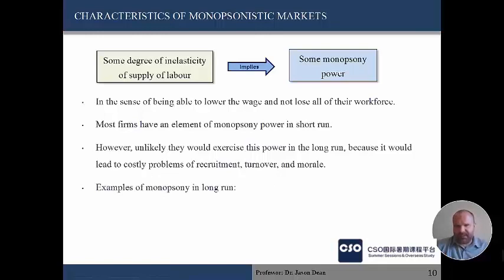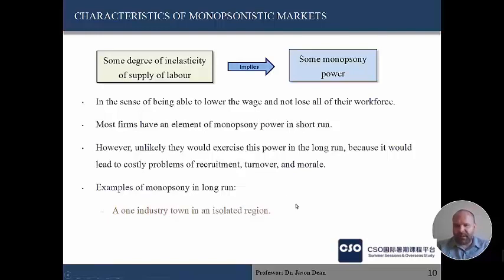There are some examples of monopsony in the long run that are popular, such as an industry town in an isolated region. So, for example, there's maybe a very large nickel mine in a small community, and in that case, that firm would be considered a monopsonist.